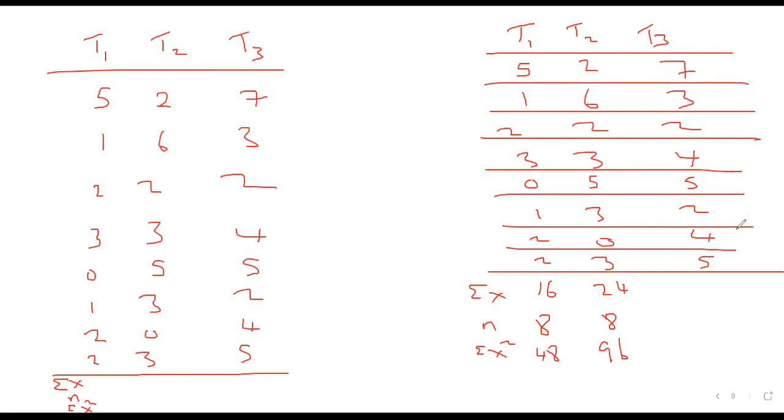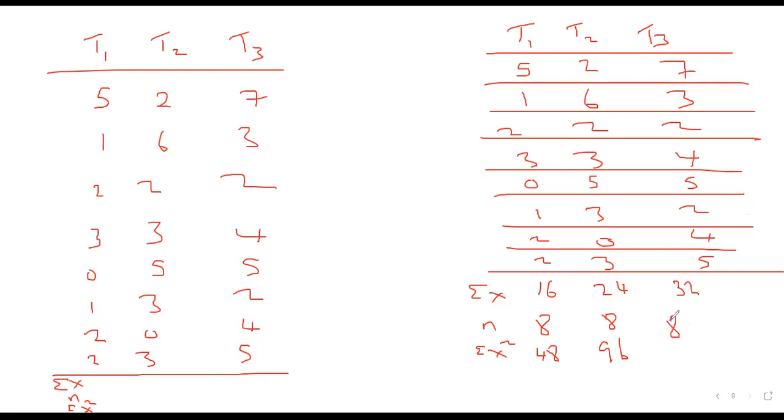And we'll go to the last column here. 7 plus 3 plus 2 plus 4 plus 5 plus 2 plus 4 plus 5. You're getting 32. And here there are 8 already.